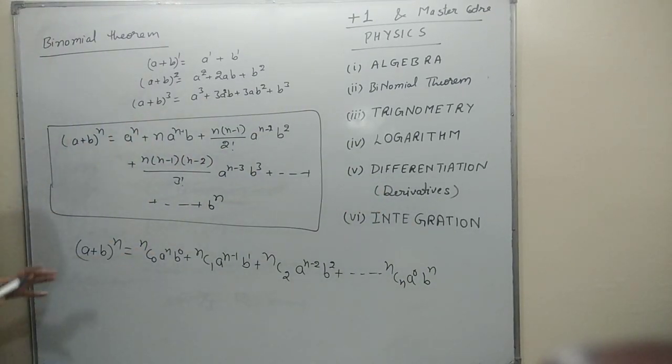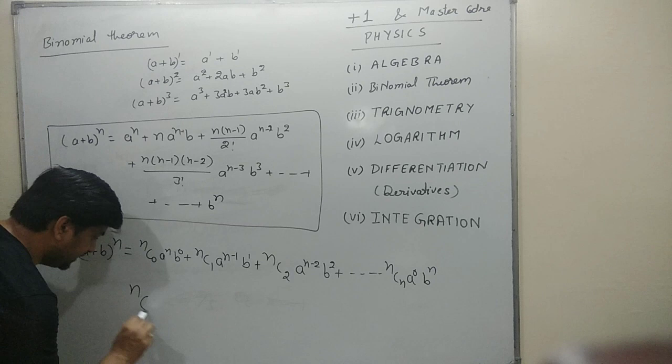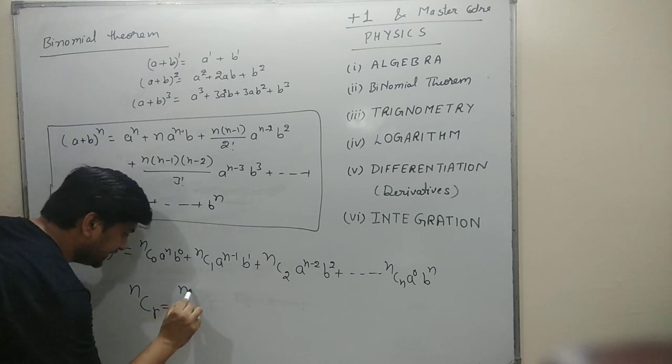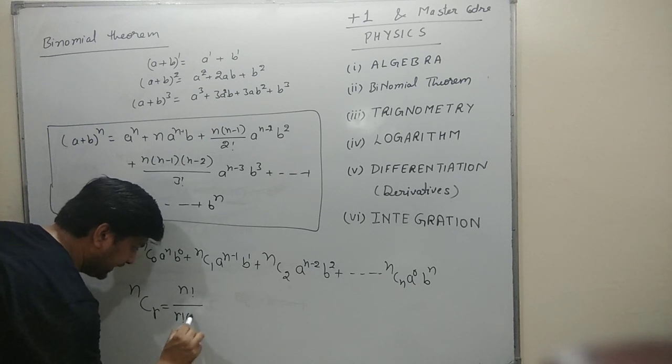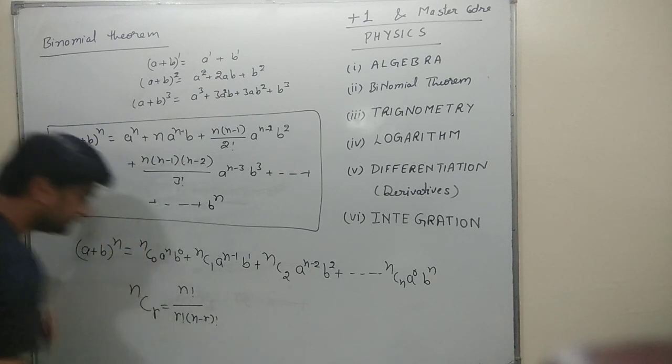And what is C? This is called combination. In general, the formula of C is n factorial divided by r factorial times n minus r factorial.